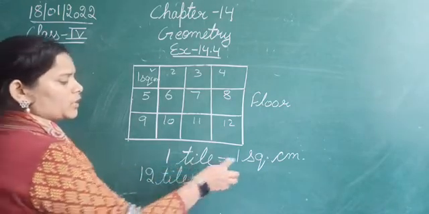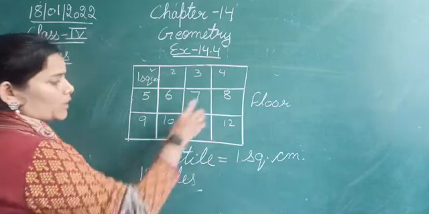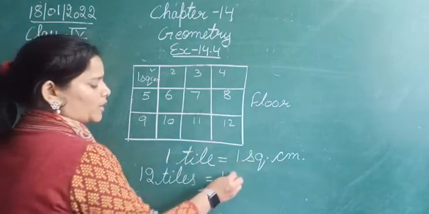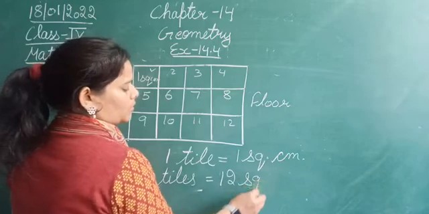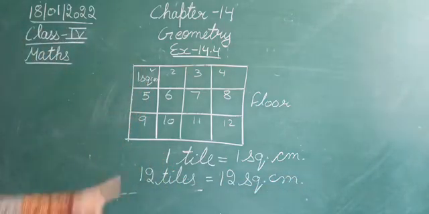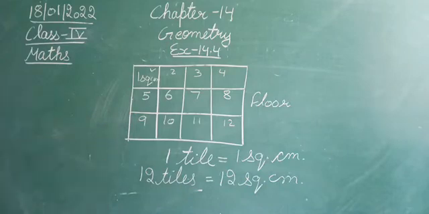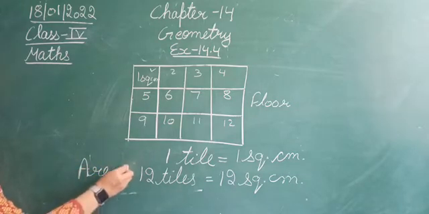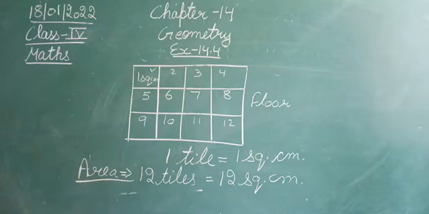If 1 tile is equal to 1 square centimeter, then 12 tiles will be equal to 12 square centimeter. This is also the area of the floor.